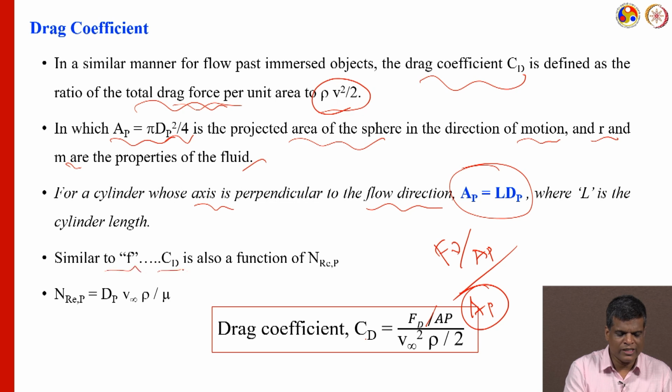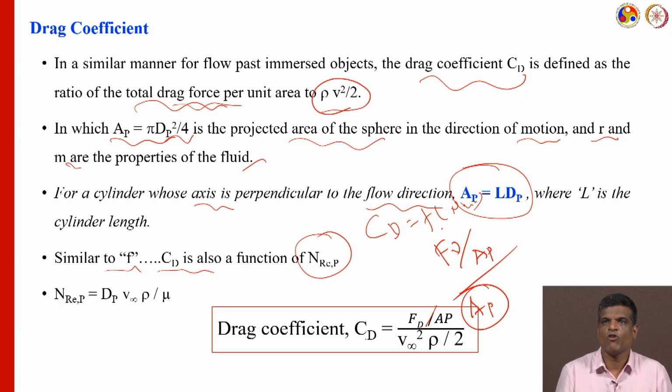Similar to f, the drag coefficient CD is a function of Reynolds number only. The Reynolds number is d v rho by mu.